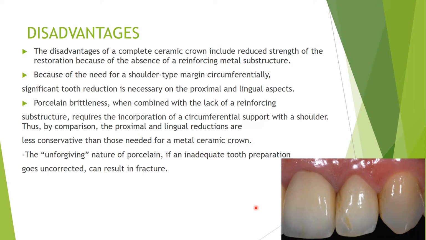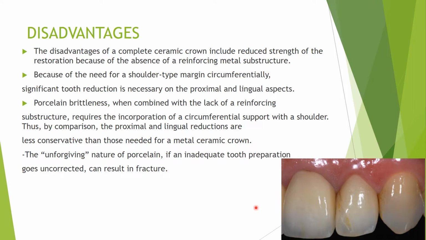That's a lot more than metal ceramic, and it is towards a non-conventional tooth reduction approach, right? So we have to do a little bit more than a proper conventional PFM crown preparation.